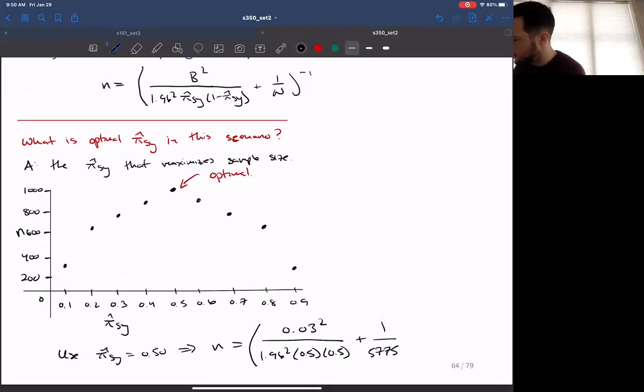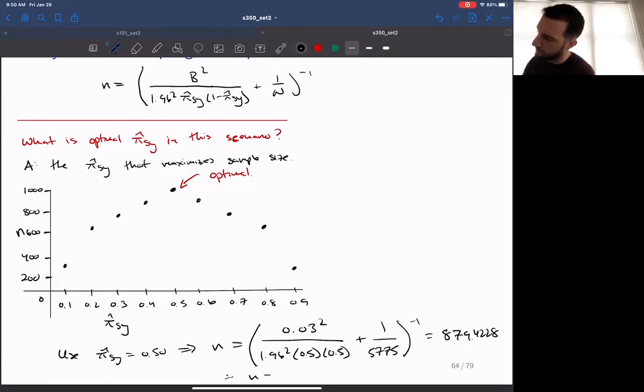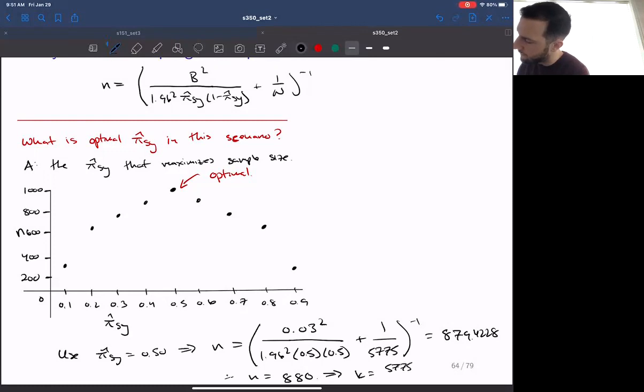And that should be in the area of 879.4228. Okay, so therefore n is equal to 880, and that means that k is equal to 5775 divided by 880.